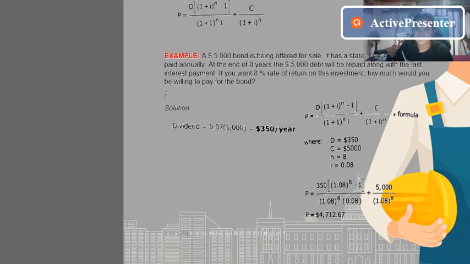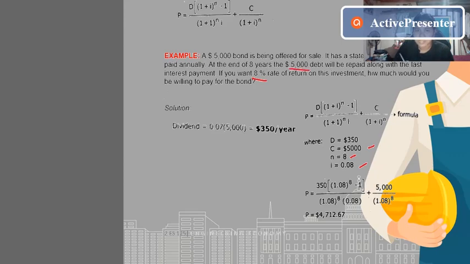So, here we have given 5,000 for our C, our N is 8, and our I is 0.08 or 8%.